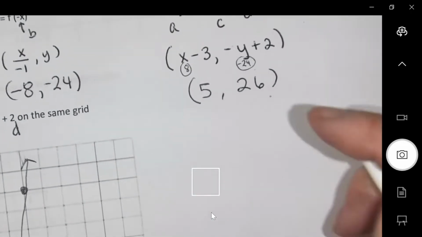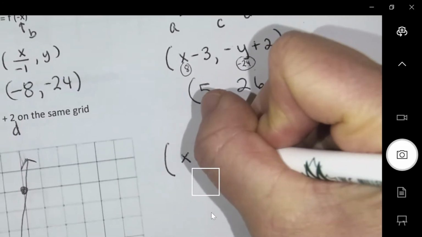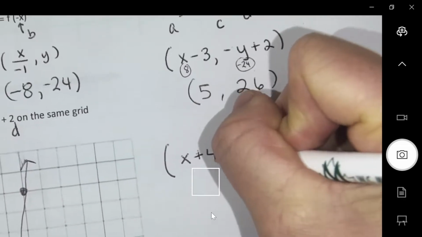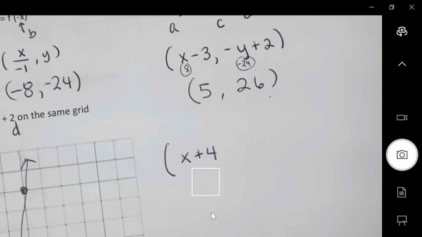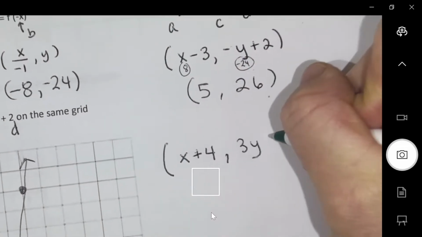So the coordinates would get changed. X, what are you going to write? Did you do a +4? That's the only change on the X. And you got an A and a D, so 3y plus 2.